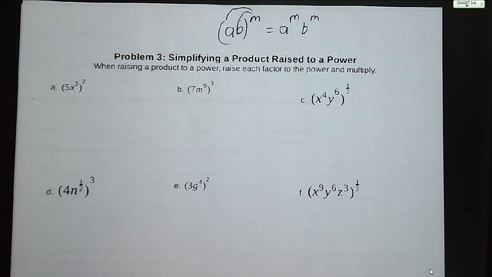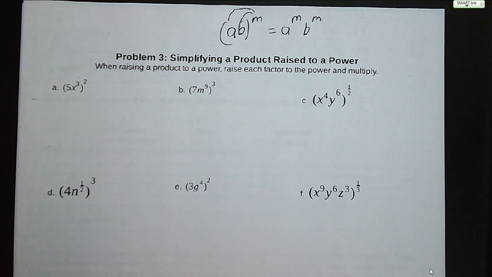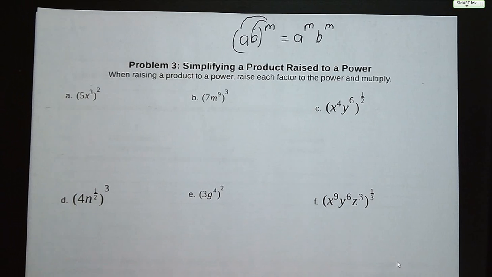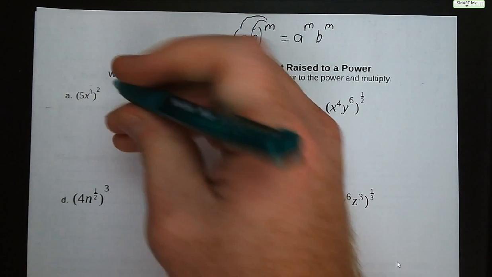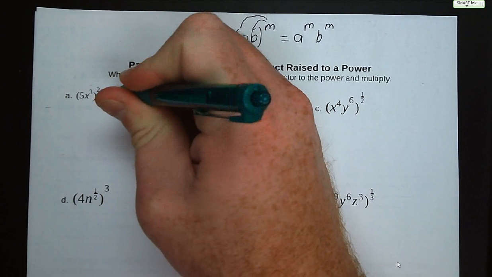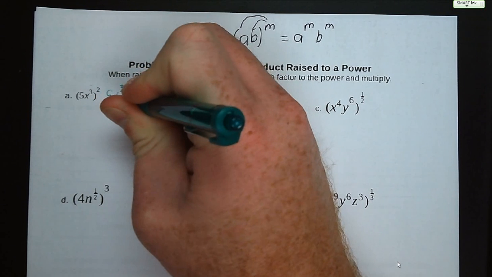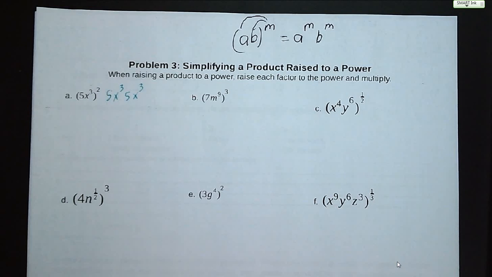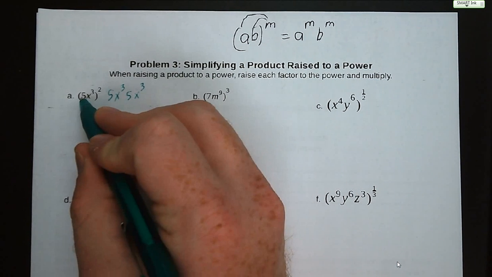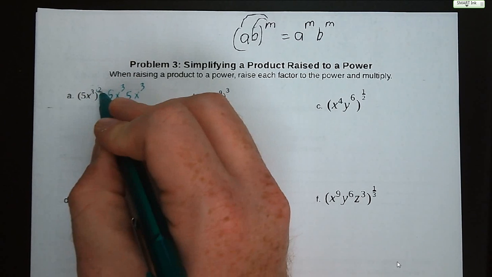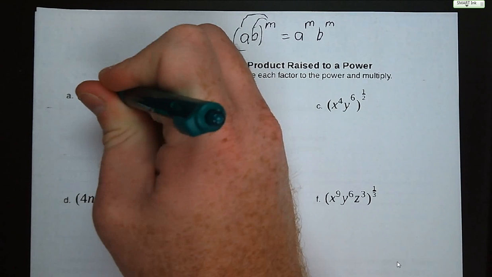All right, so looking at letter A here, 5x cubed squared. Well, if we were to write that in expanded form, it would be 5x cubed, 5x cubed. So we take the exponent of 2 and we distribute it to the 5 and to the x cubed.